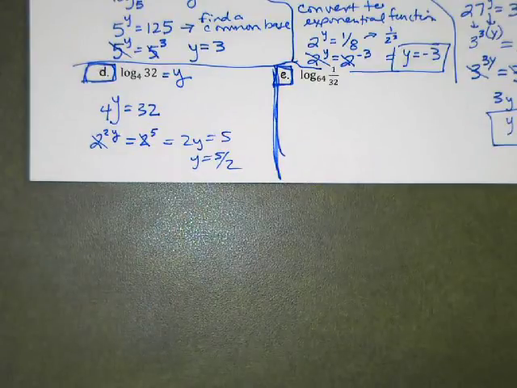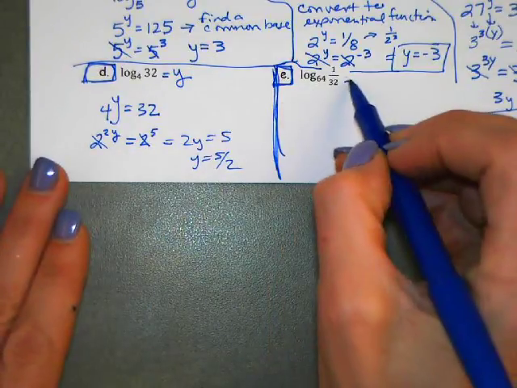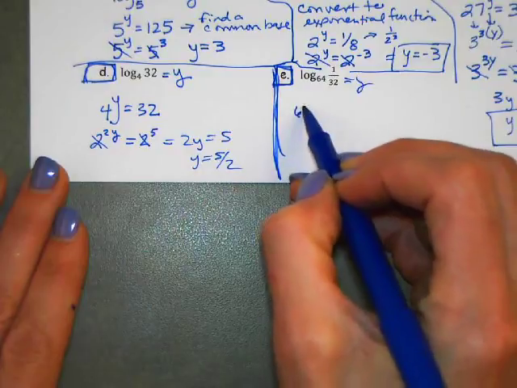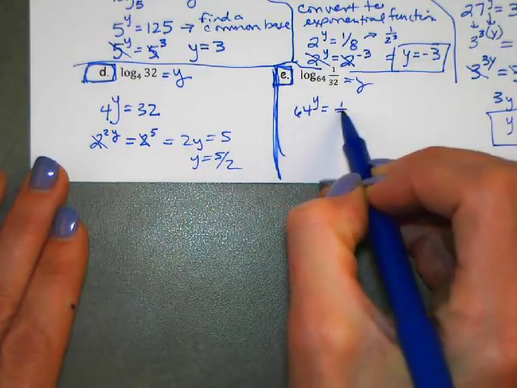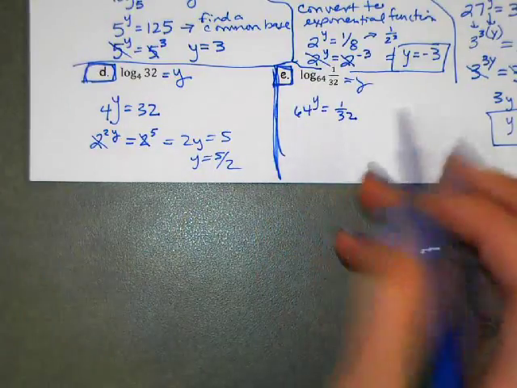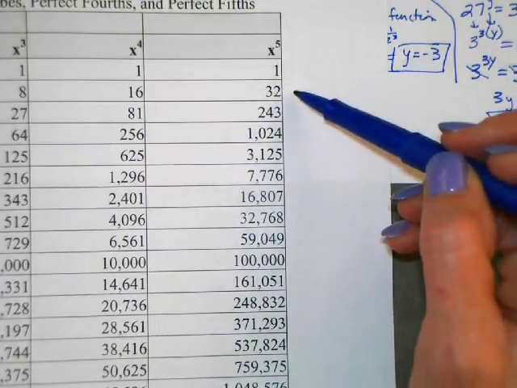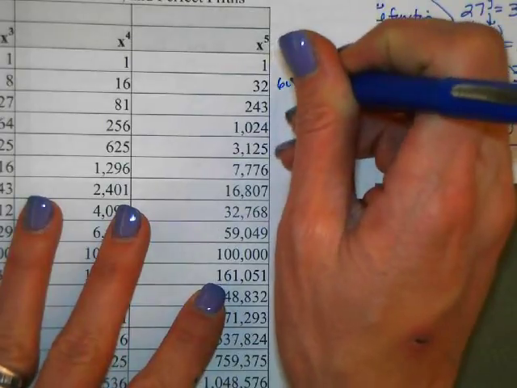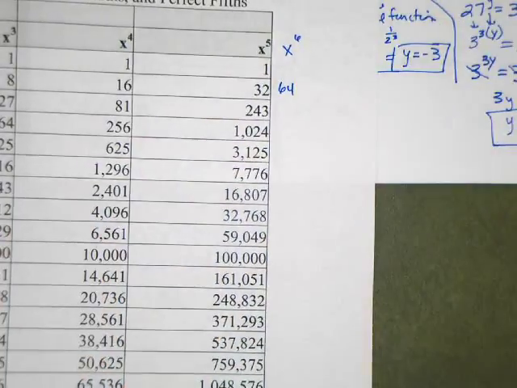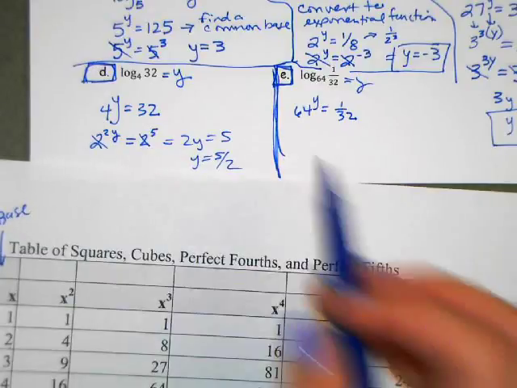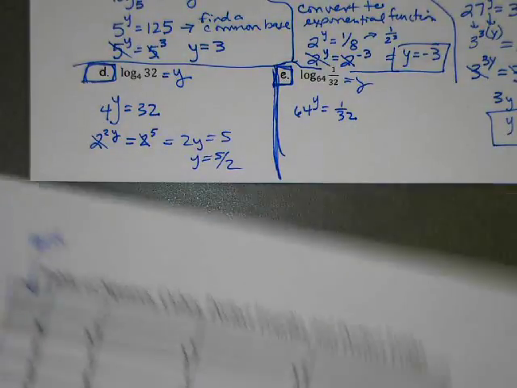Okay? On this one here, this is again going to equal y, so I have 64^y = 1/32. Then you don't have 64 actually on this side, but it's right there. It would be 64, and that's going to be x to the 6. Okay? So I can rewrite 64 and 32 with a base of 2.